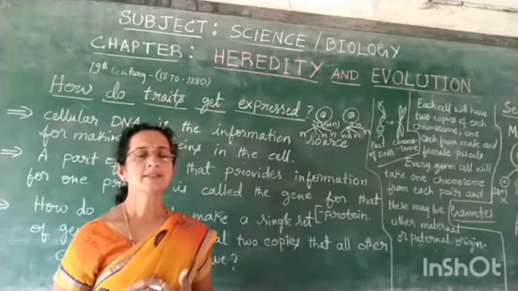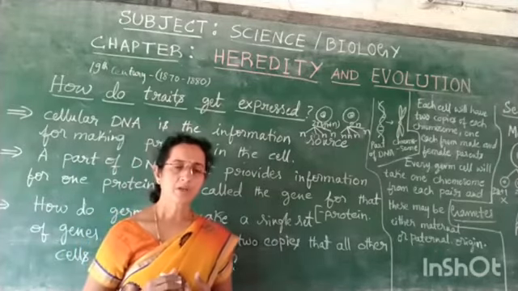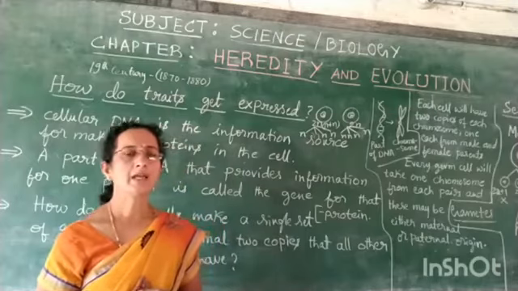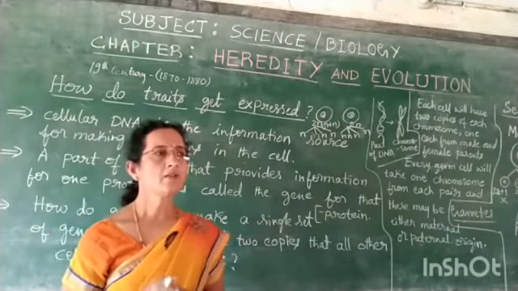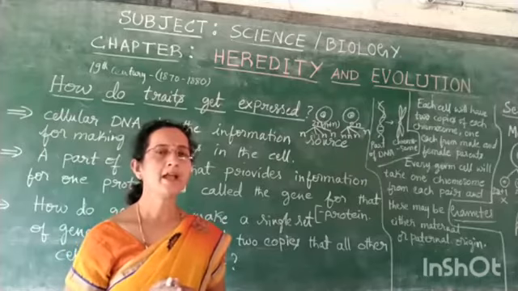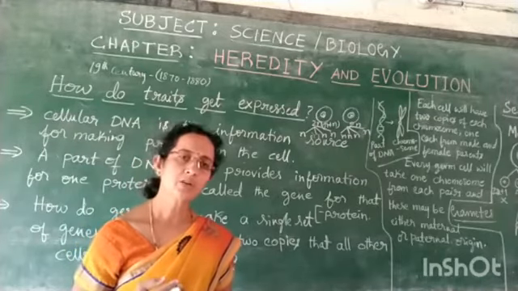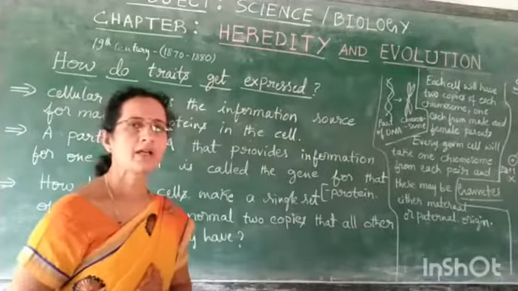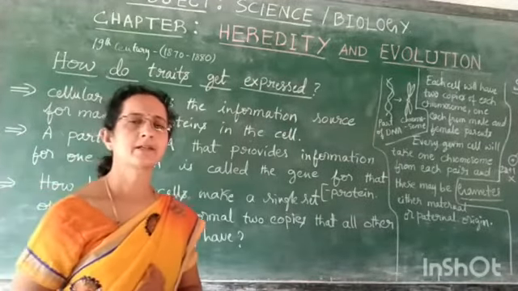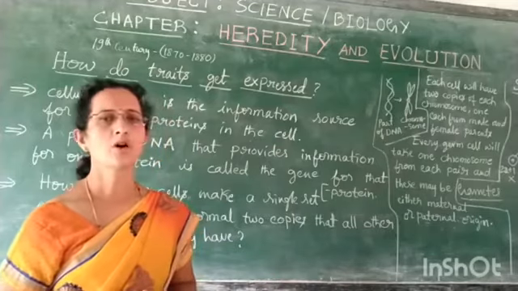See, what is this concept? Here we will be observing in society that always a female will be blamed as she is giving birth to the female child only. And we are learning how these characters are inherited from parents to offspring.